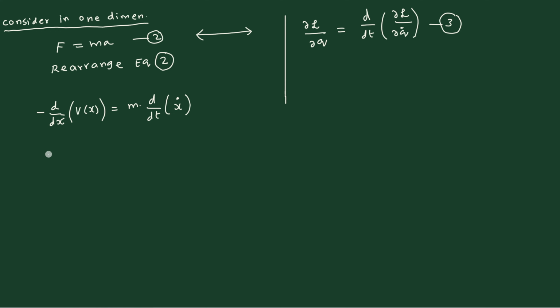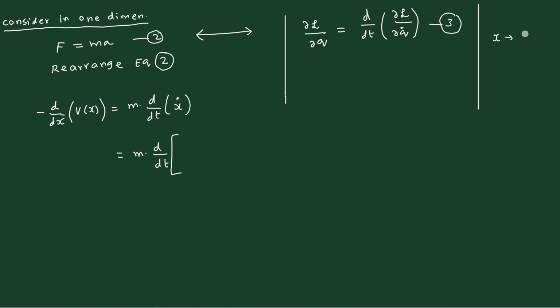And then can you do further? That is the question. We can do still more work on this. That is equal to m into d by dt of something we can do here. Now let me write down something additionally, which is a very simple thing. If there is an x here, how can we write it down?